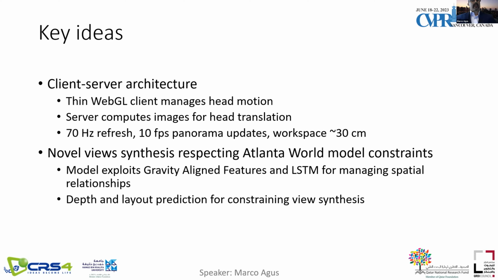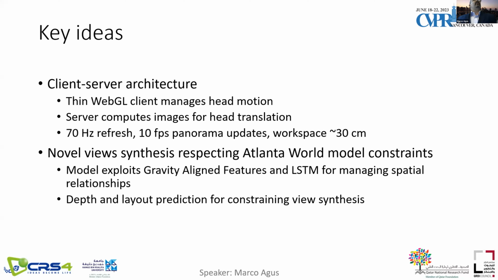The proposed solution also respects Atlanta World model constraints, like most solutions that we proposed during this tutorial, and uses gravity-aligned features and long short-term memory to manage the spatial relationships. This is one of the key ingredients of the solutions that we proposed for a long time.